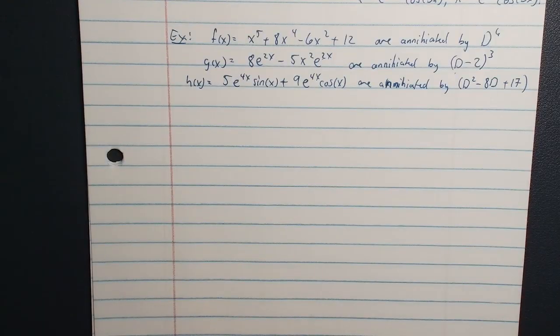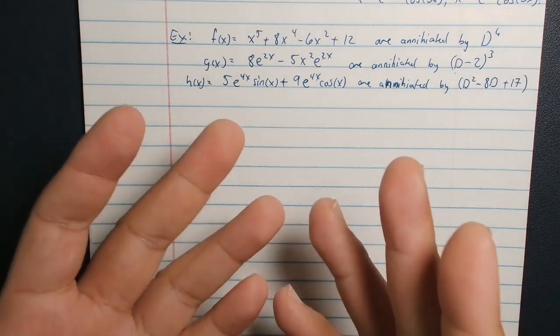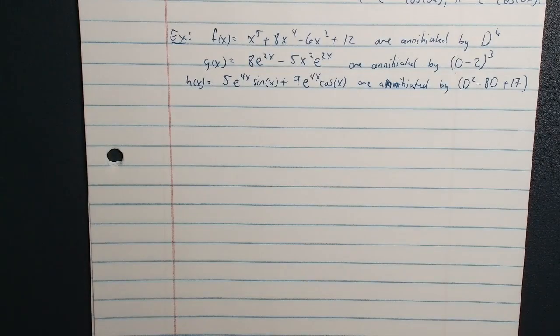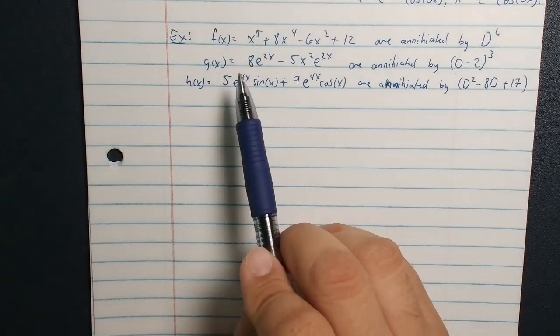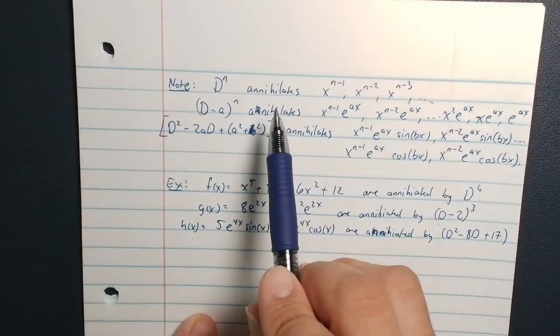Okay, so now why on earth would we want to do this? Think about it. What we're looking for is the particular solution to a non-homogeneous problem. But what's making that hard is the fact that you have a non-homogeneous problem. If your problem was homogeneous, things would be easy. Then we could just use the characteristic equation and we'd be done very quickly. But what do annihilators do? Annihilators take functions and they annihilate them.